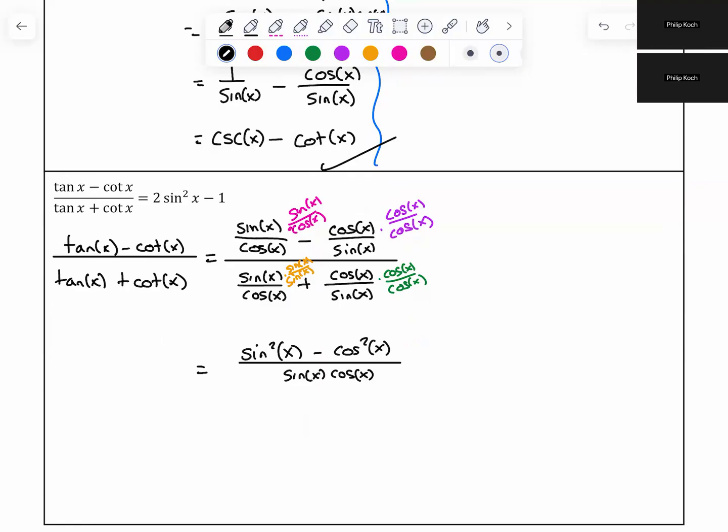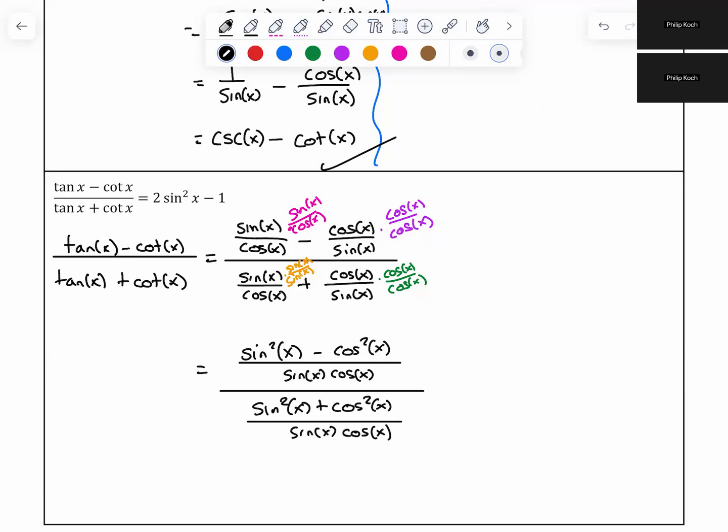And then the big bar, the main bar. And then it'll be sine squared of x plus cosine squared of x, all divided by sine of x cosine of x.